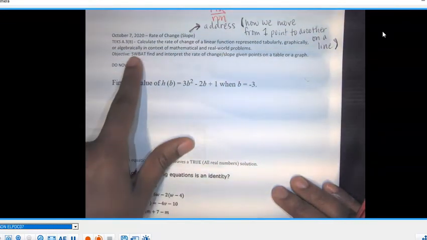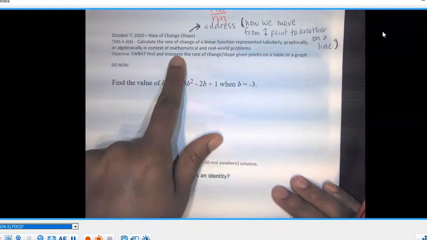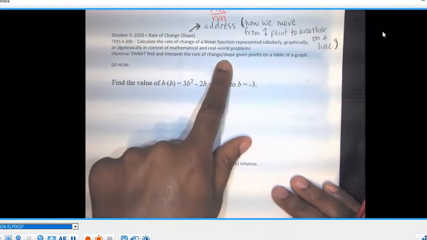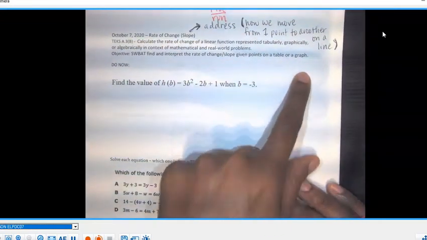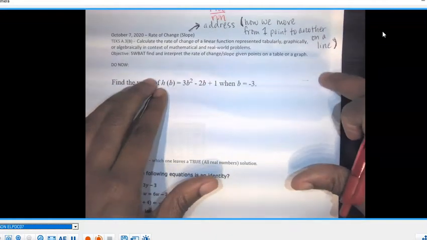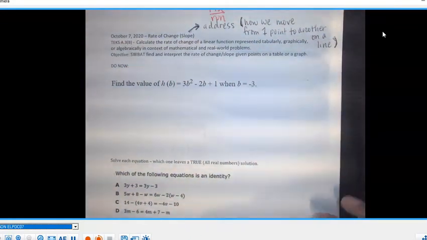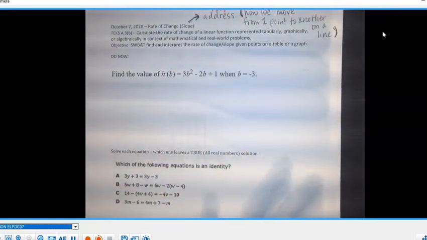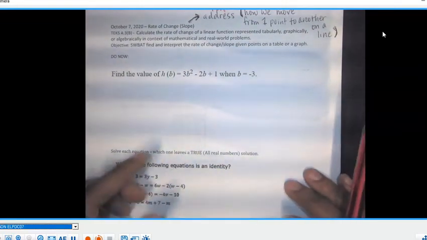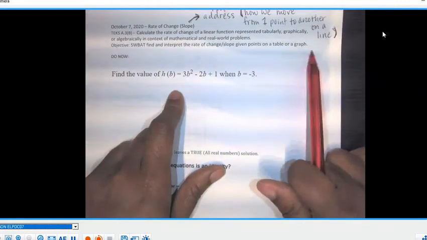So stars will be able to find and interpret the rate of change or slope given points on a table or a graph. All right, so that's the objective. Keep that straight. Maybe even write the objective down if you don't have this sheet. It's very important that you know what it is you're asked to do, and then you're able to execute that. So calculating the rate of change from a table and a graph.